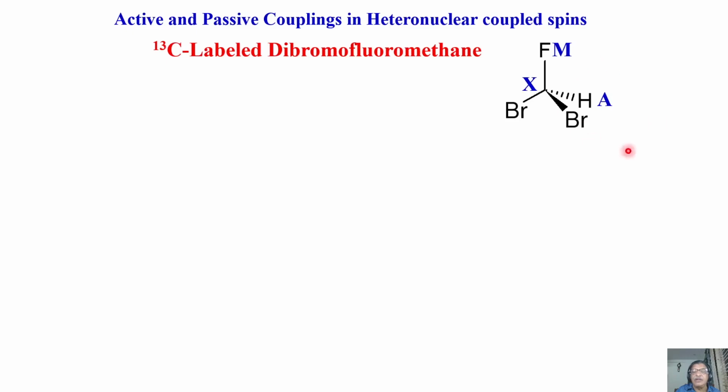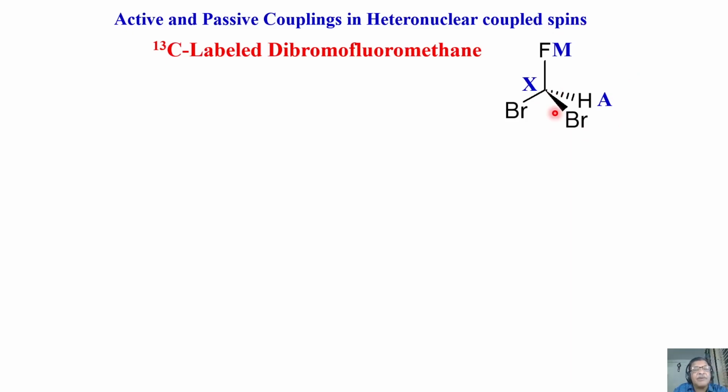I showed in one of my earlier classes, proton and fluorine are highly abundant spins with large gyromagnetic ratio, more or less comparable. And carbon is now also made abundant, but the gyromagnetic ratio is not in my hands. I can make the abundance larger, but I cannot control the gyromagnetic ratio. So it doesn't matter. Now, as far as I am concerned, all 3 are 100% abundant after labeling.